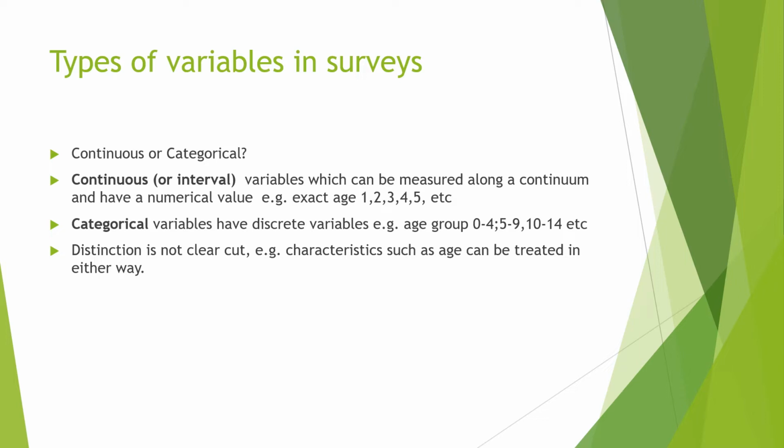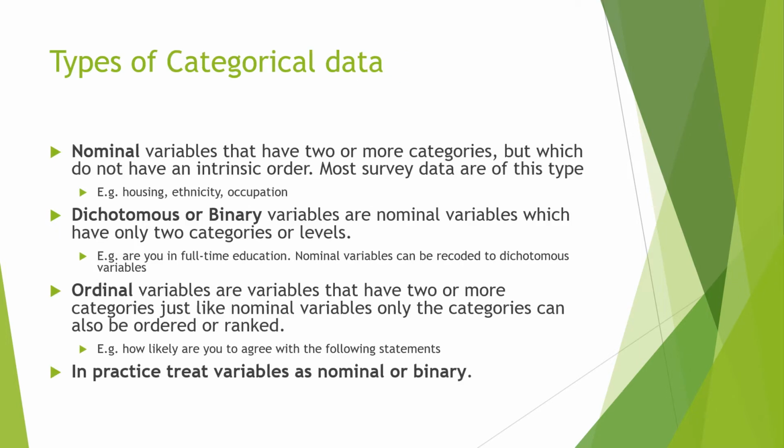It's important to understand that while I'm talking about these as 2 distinctive types of variables, the distinction is not always clear-cut. And as an example that I've just illustrated, characteristics such as age can be treated in either way. It's also important to be aware that there are different types of categorical data. So the most common form of categorical data is what we call nominal variables.